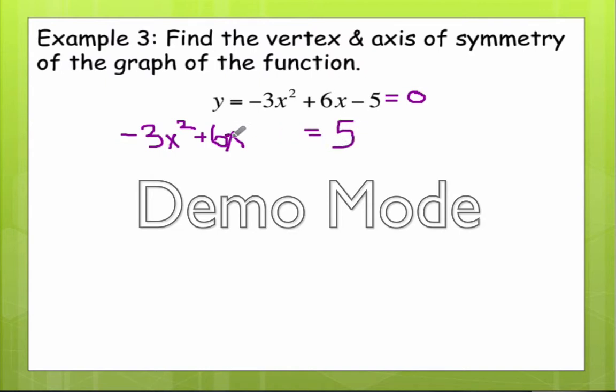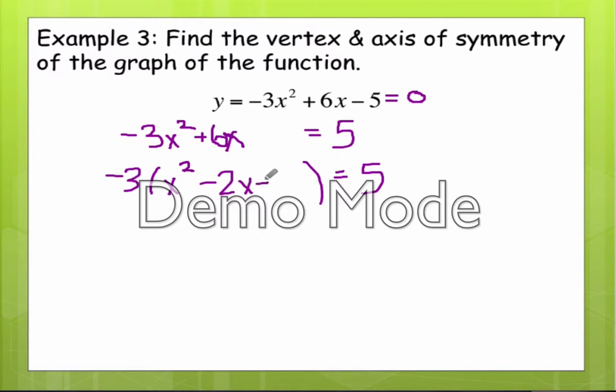Now factor out the -3 from the left-hand side to make the coefficient of x squared 1. That would be -3 times x squared minus 2x, leave a space, equals 5. Because that would be -3x squared plus 6x.